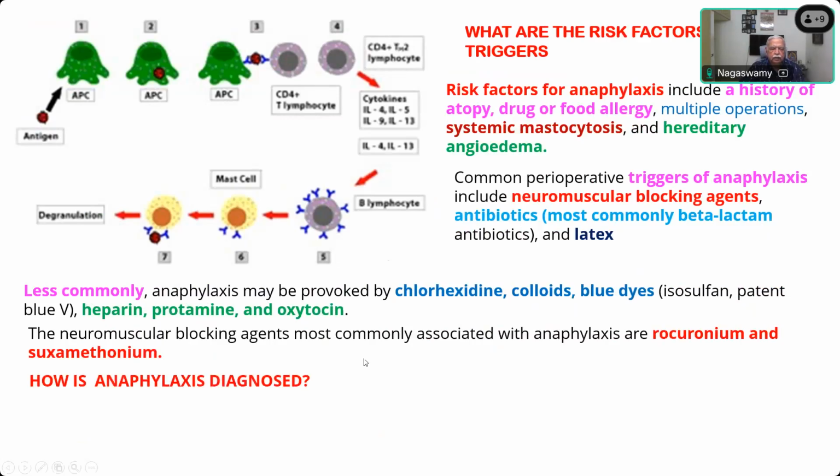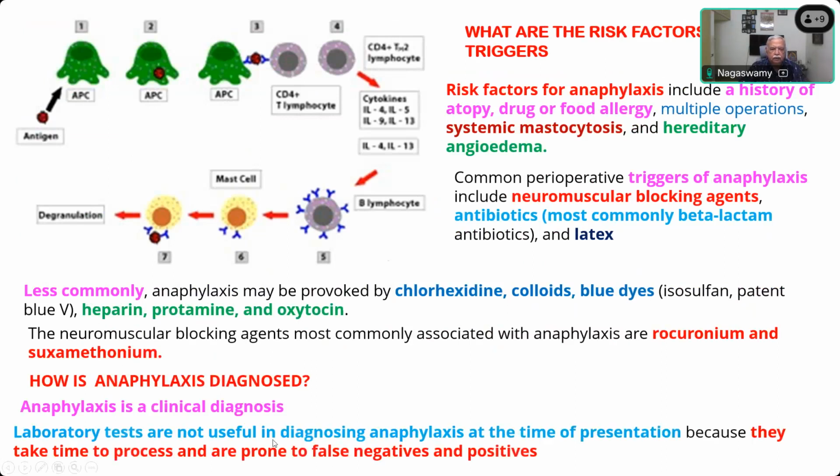And how do you diagnose anaphylaxis? The clinical diagnosis. Mostly laboratory tests are not useful in diagnosing anaphylaxis at the time of presentation, but they take time to process and are prone to false negatives and positives.